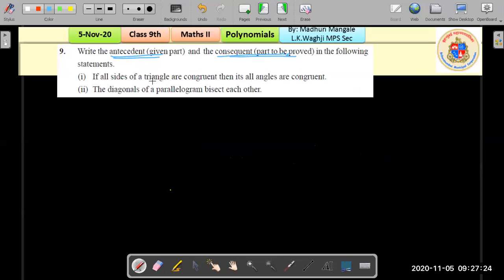That means we are given that all the sides of a triangle are congruent. And what is the consequent? Consequent is all angles will be congruent. We are asked to prove this. Isn't that easy? Try out the second one on your own.